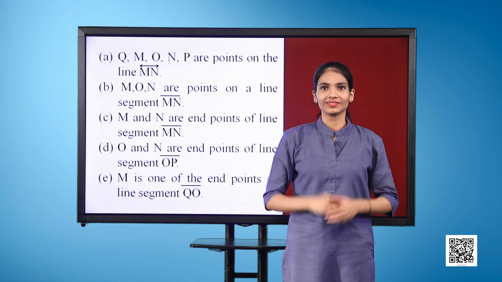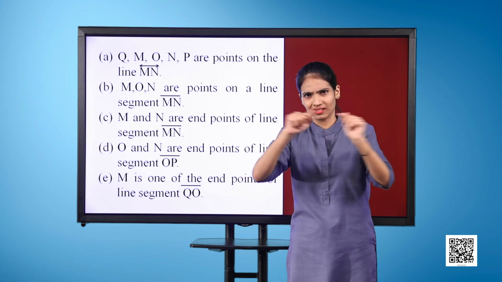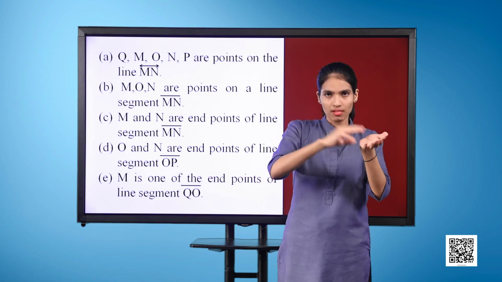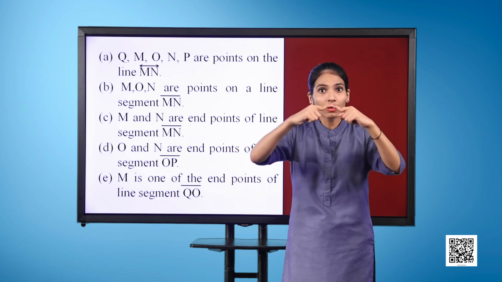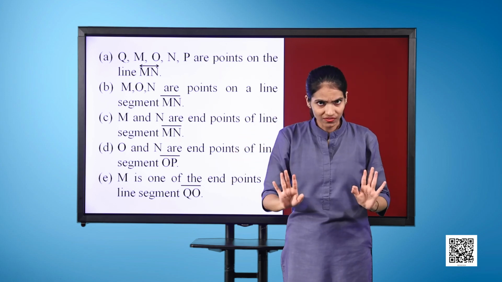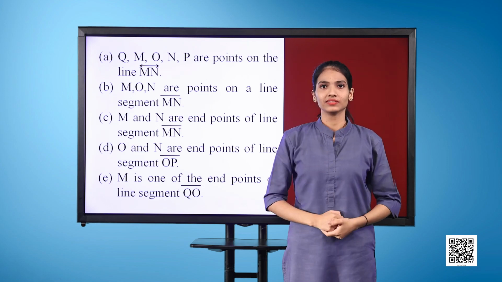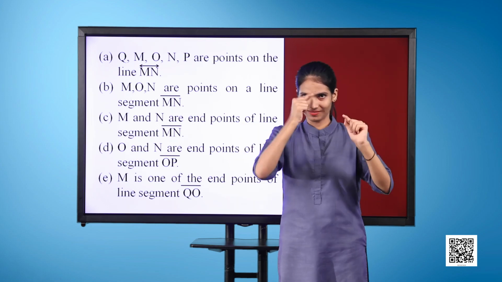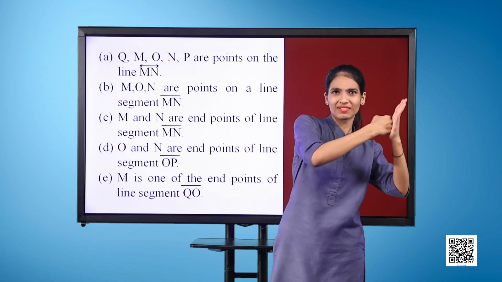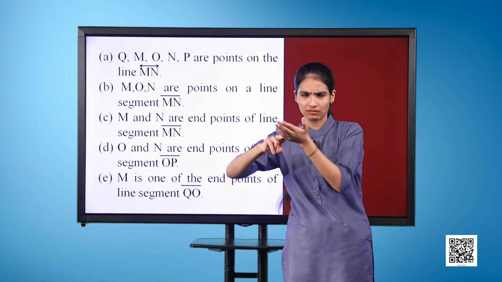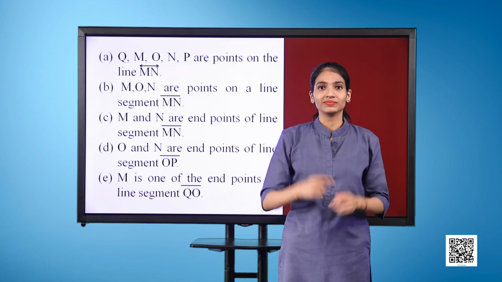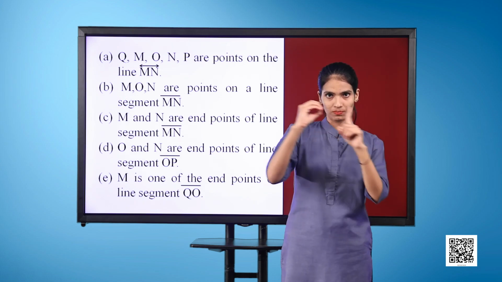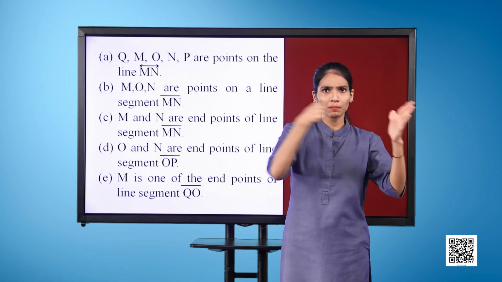B. M, O, N are points on a line segment MN. C. M and N are endpoints of line segment MN. D. O and N are endpoints of line segment OP.